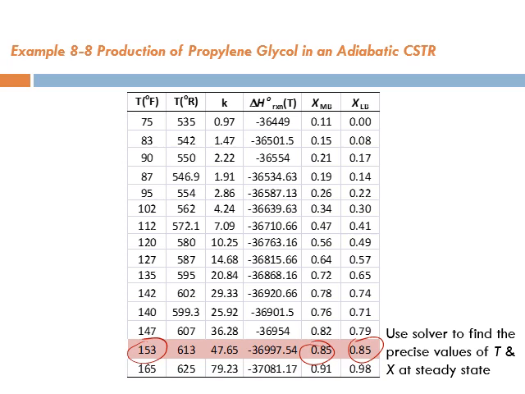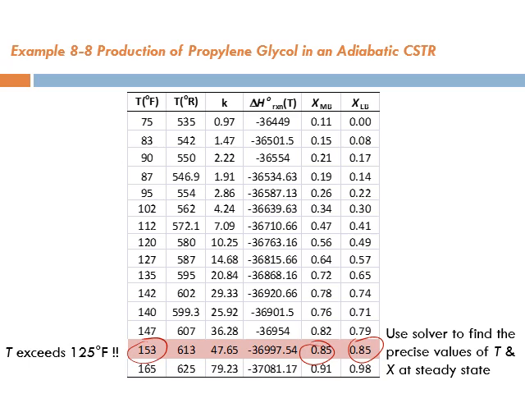Okay, but unfortunately this temperature, which is the steady state temperature inside the CSTR, which is 153 Fahrenheit, exceeds the 125 degree Fahrenheit constraint big time. So that's bad.